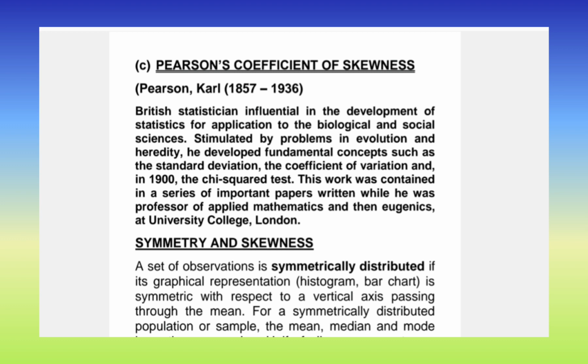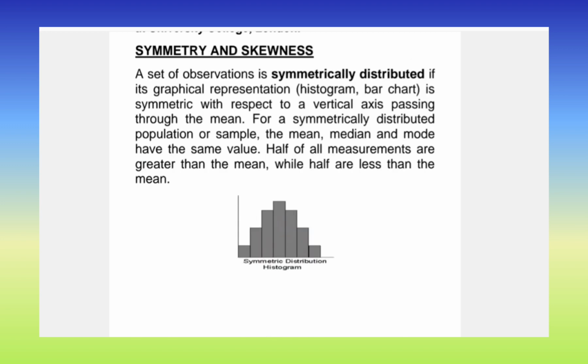Okay, next we move to Pearson coefficient of skewness. Firstly, let's look at symmetry and skewness. A set of observations is symmetrically distributed if its graphical representation is symmetric with respect to a vertical axis passing through the mean.